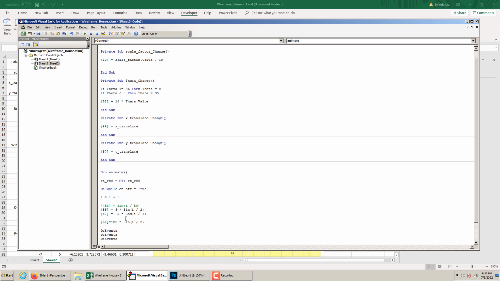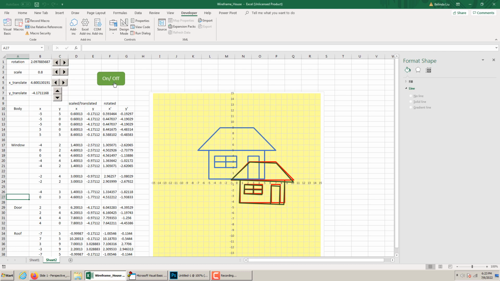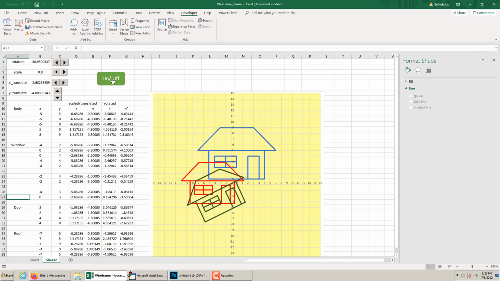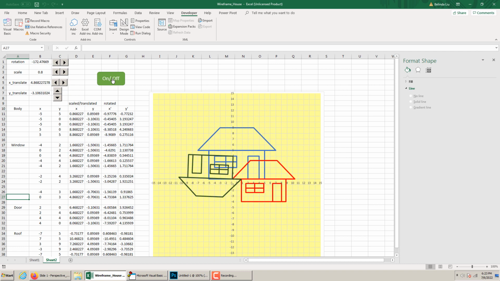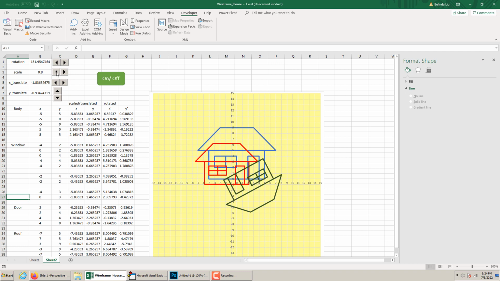So it goes from -180 to +180. This is a little bit slower rotation, so let's put here 7 instead of 20. Check this out now. Let's also add some automation to the scale.